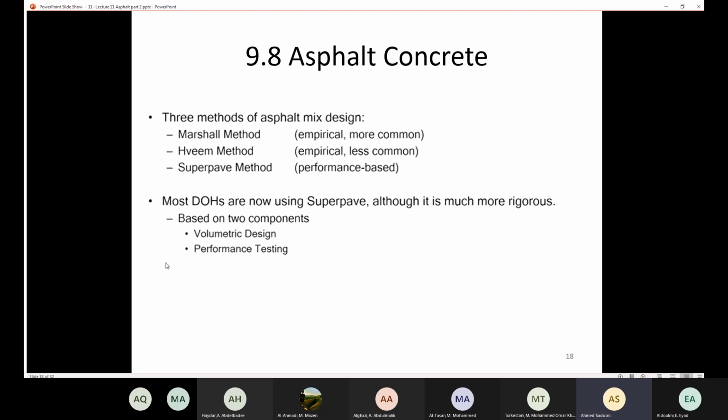Here in Medina City, the municipality uses the Marshall method, while the innovation department, those responsible for making Medina better, are using the Superpave method. Also, the Ministry of Transportation is using the Superpave method, and the municipalities are using the Marshall method. But the future, of course, is for using the Superpave method.